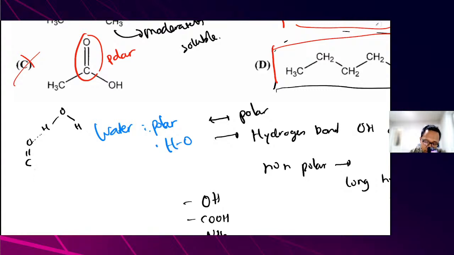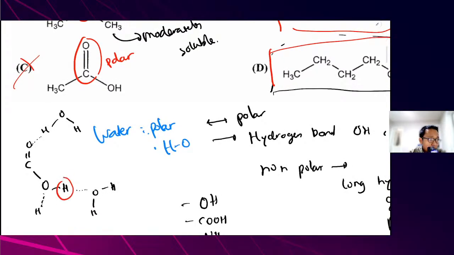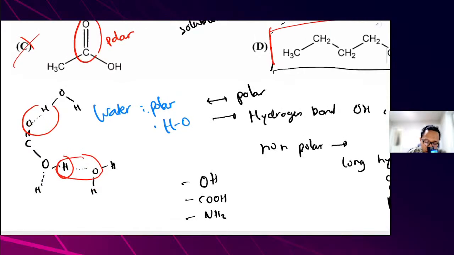Then it has O over here and H again over here, and it can also be a donor or acceptor. This one also can be a donor or acceptor, and here we have hydrogen bonding again, and then another one.